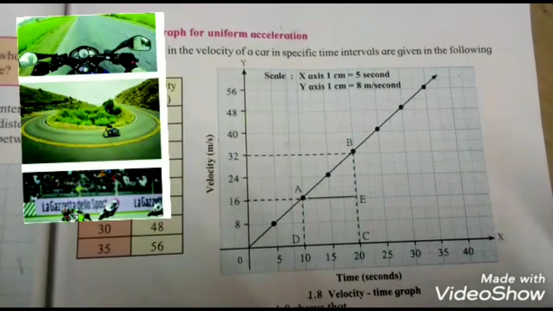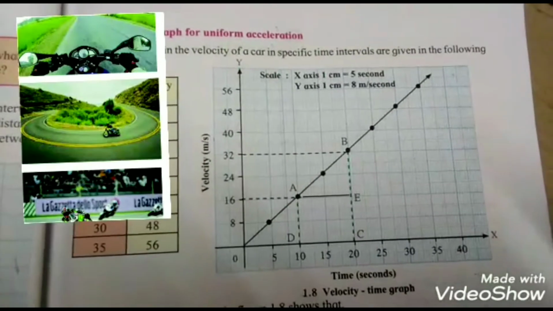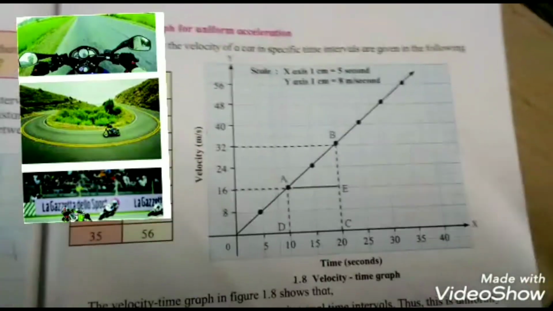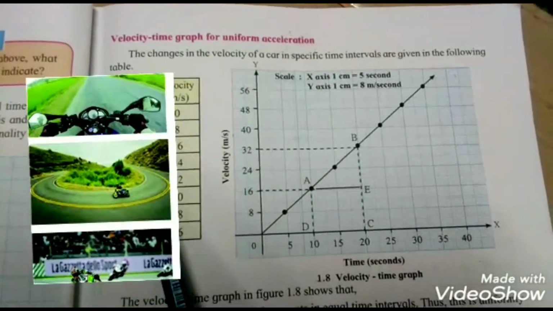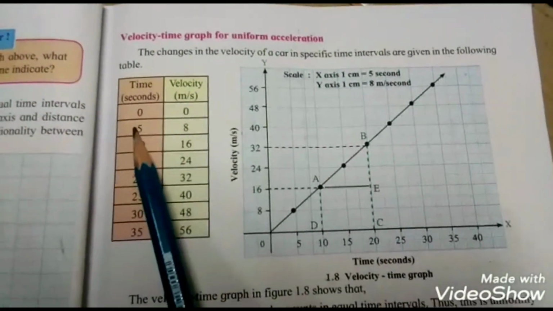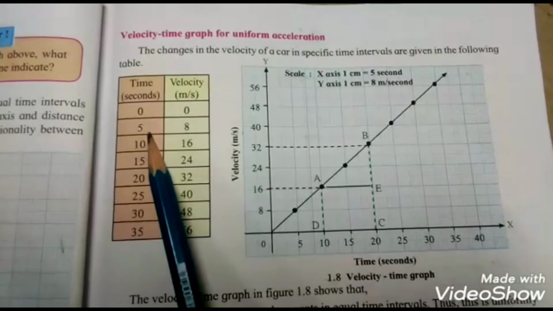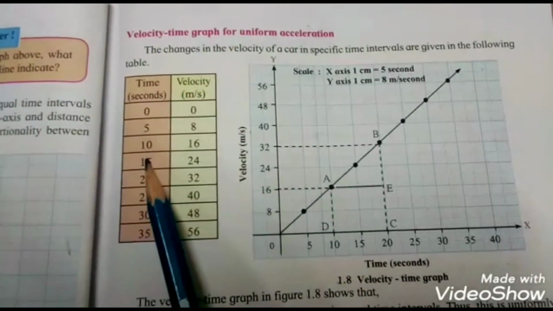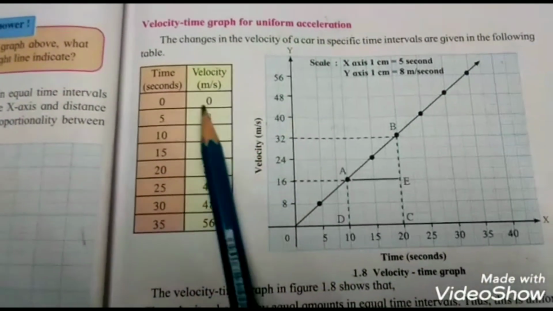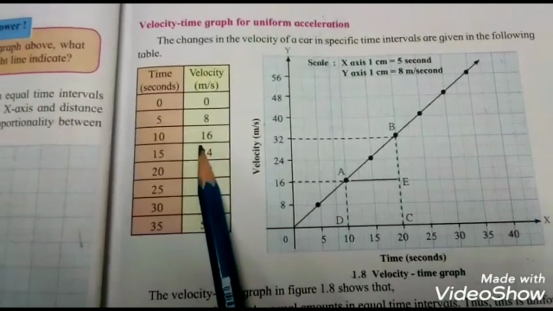Here is a graph of velocity time graph for uniform acceleration. You can see on the table the time intervals are equal, say 0, 5, 10, up to the same intervals of 5 seconds. Velocity also increases with equal intervals.